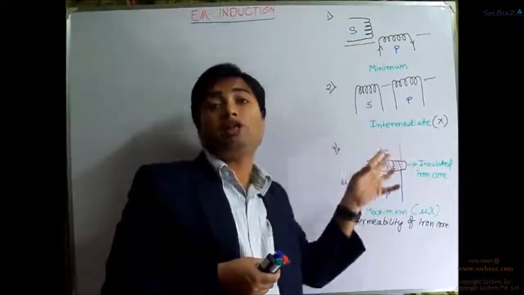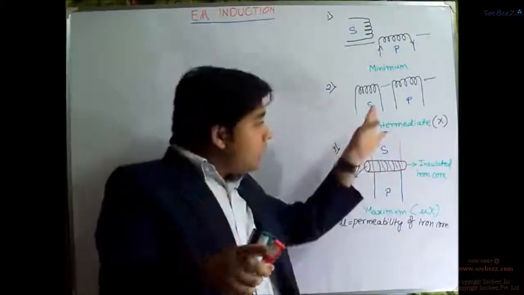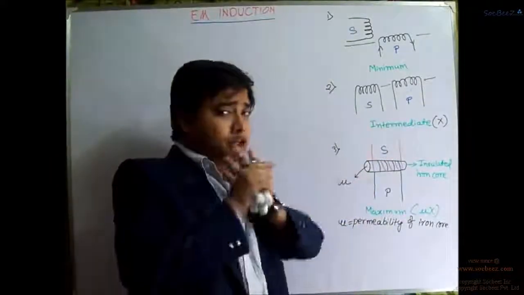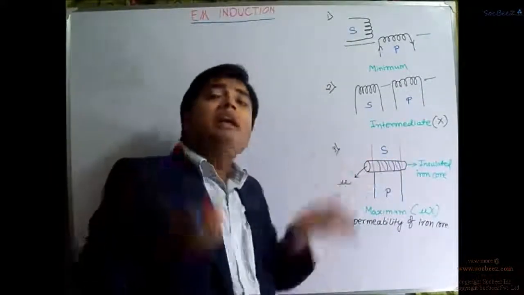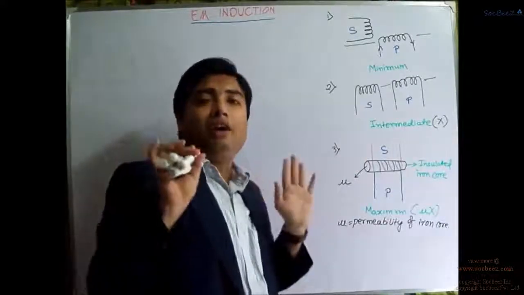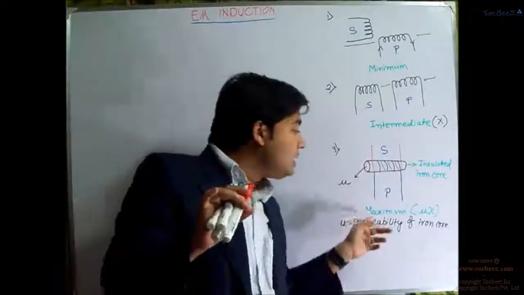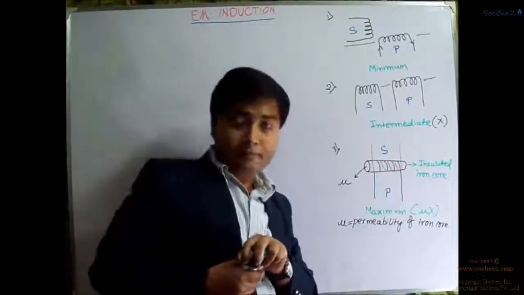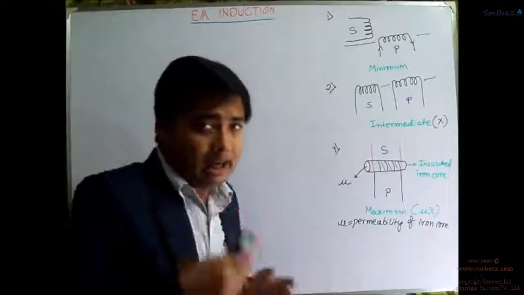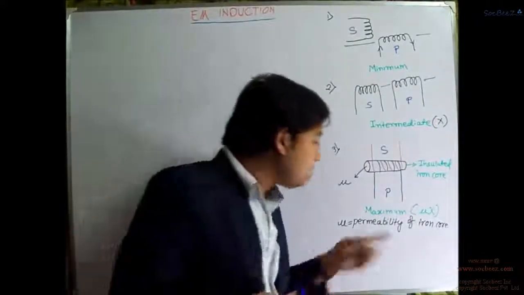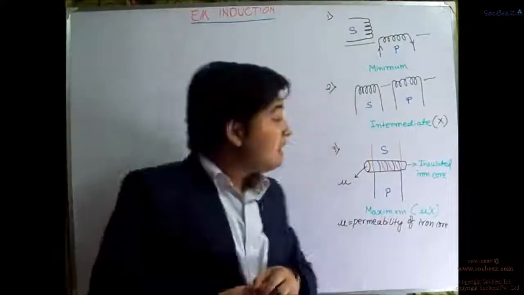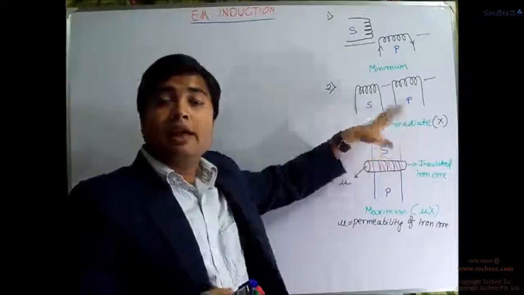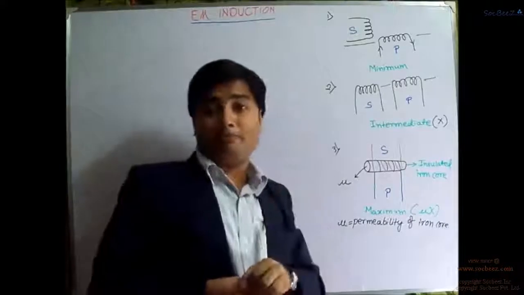That is why this could be the maximum value of mutual induction, but it would have been the maximum only if there was no way to increase this value. Fortunately we found a way to increase it, and that is why this is termed intermediate instead of maximum.